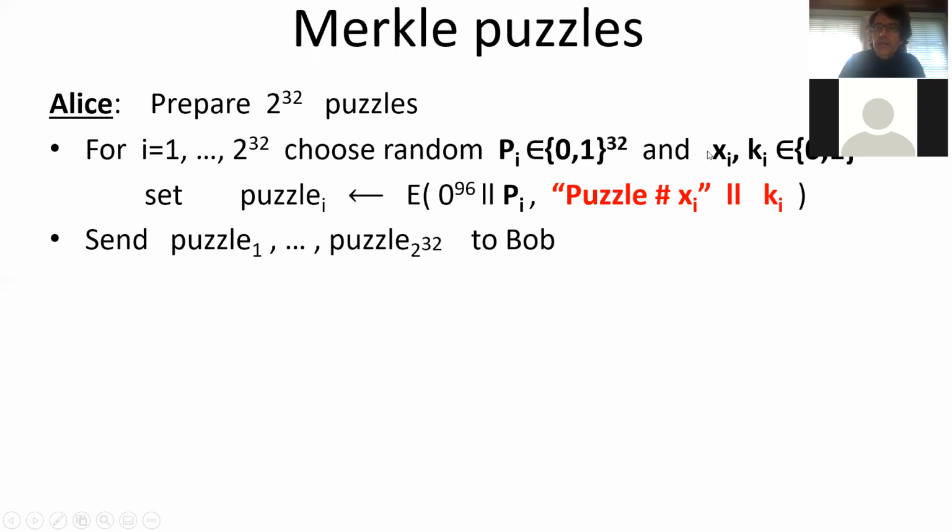And then she chooses 2 to the 32 real long keys and something we will call nonces. And she creates a puzzle as before, encrypting under these keys that are mostly zeros.